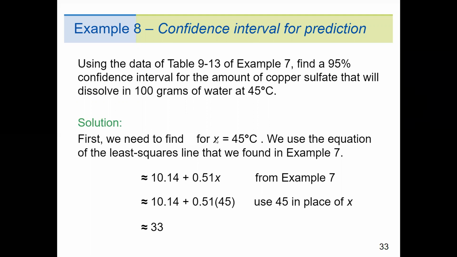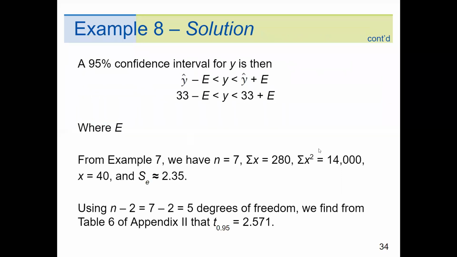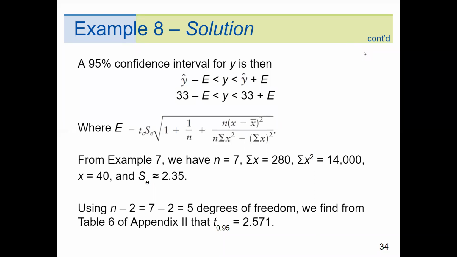First, we need to find the y hat for x equal to 45 degrees Celsius. We use the equation, and we get about 33. The 95% confidence interval for y is then 33 minus the error less than y less than 33 plus the error, where e is equal to that nice long equation.